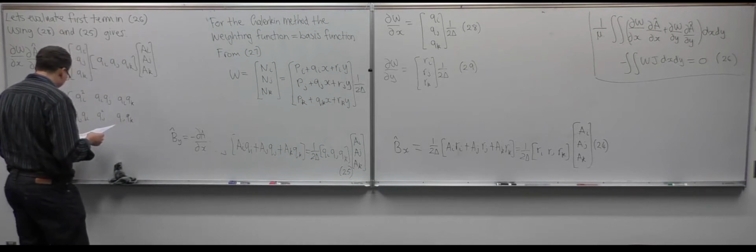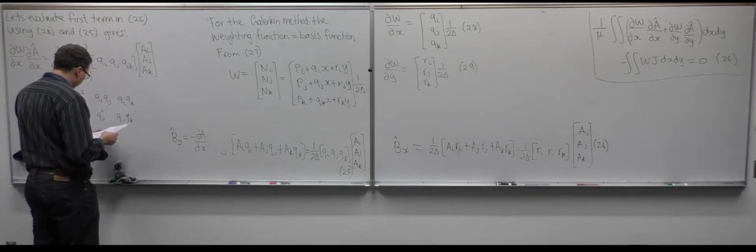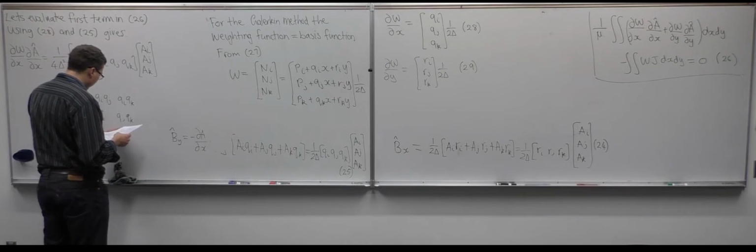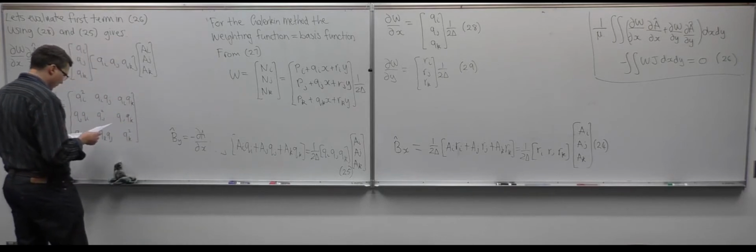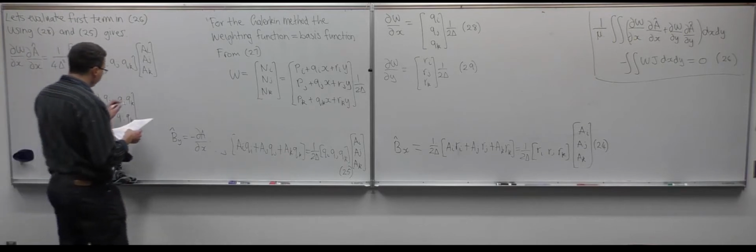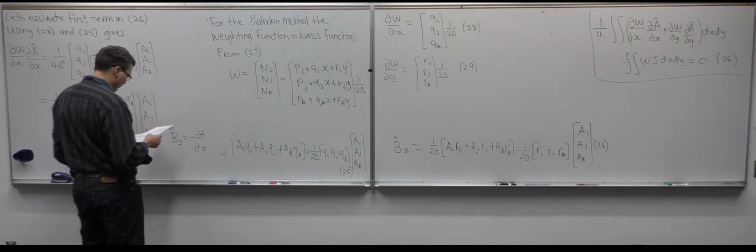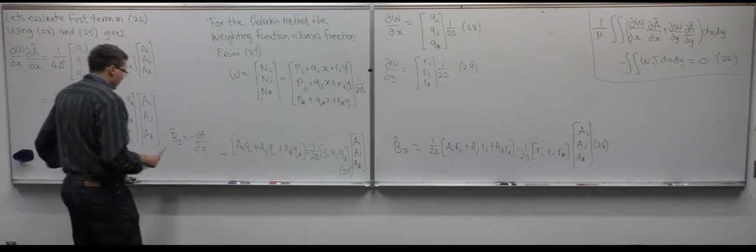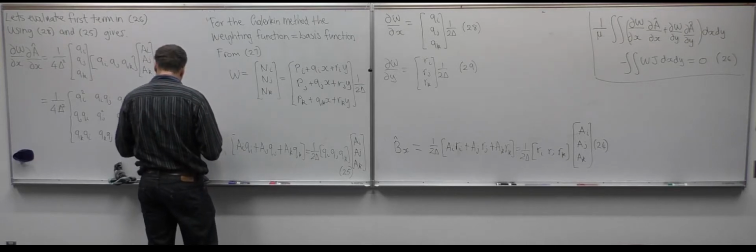And then the third term is Qk Qi, Qk Qj, Qk squared. And that's multiplied by Ai, Aj, Ak, like that. Okay, so that's equation 20. Oh, sorry, 30.